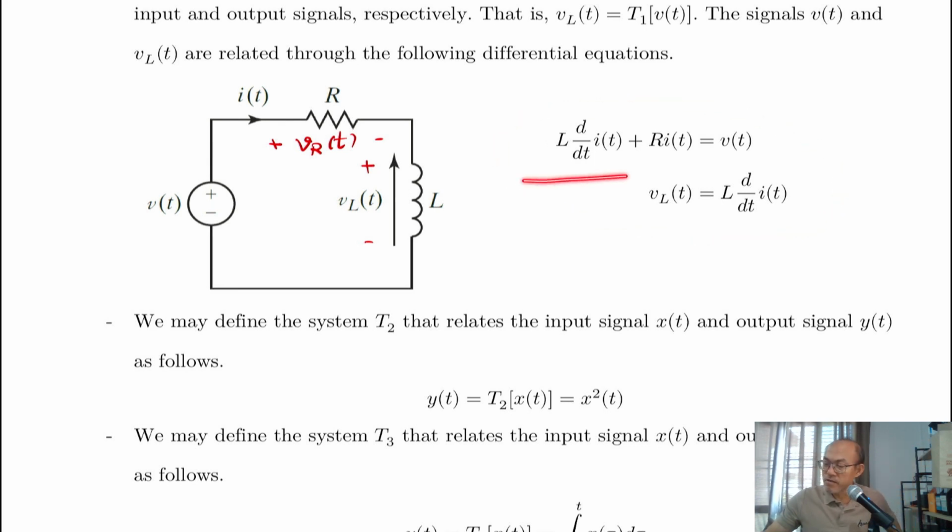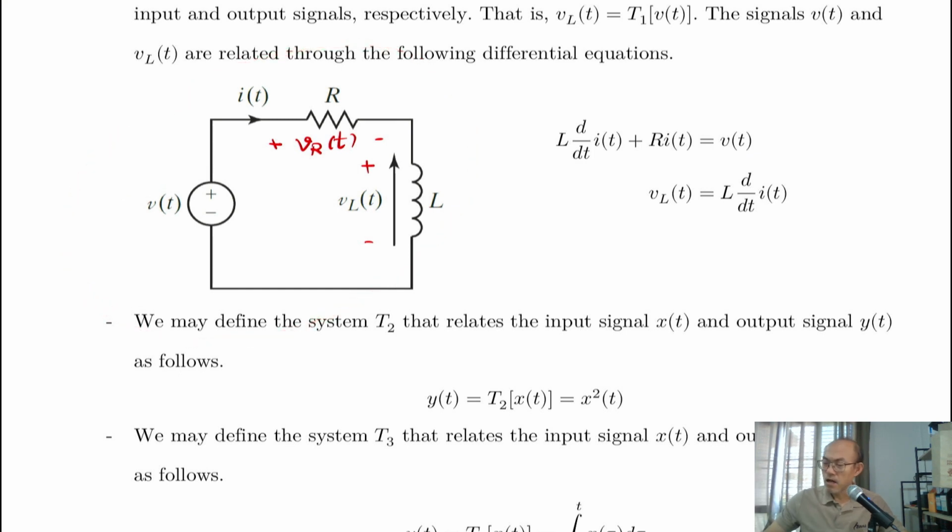First, we solve the top differential equation, and this equation will give us the current i(t). Once we know i(t), we take the derivative of i(t) with respect to t and multiply it by the inductance, and the result would be the output signal that we're looking for, which is the voltage across VL. So this is an example of a system defined by this circuit.